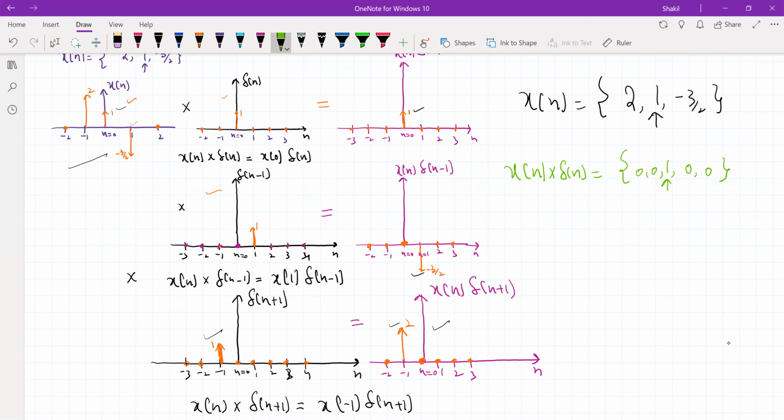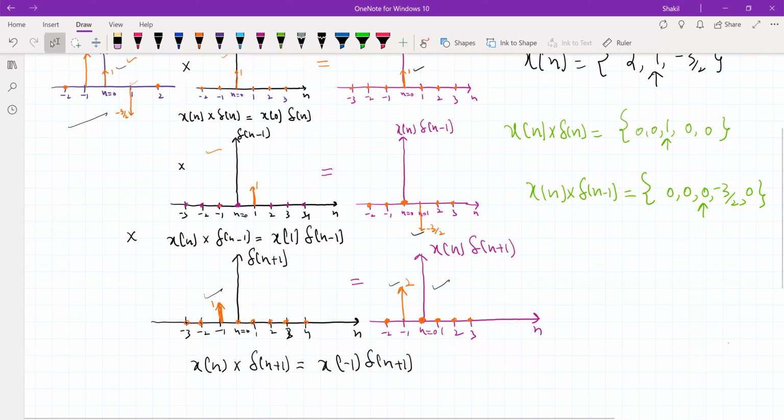It sampled that sequence. Similarly, when you multiplied x of n with delta n minus 1, it sampled the value of the sequence x of n when n is equal to 1. So it sampled that value.